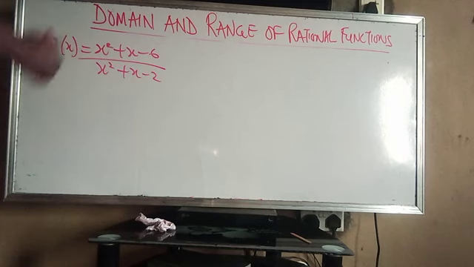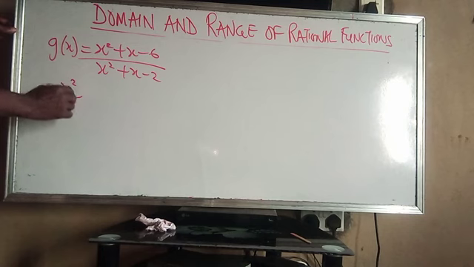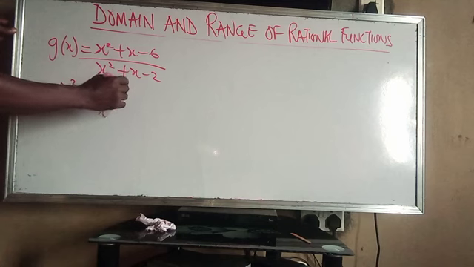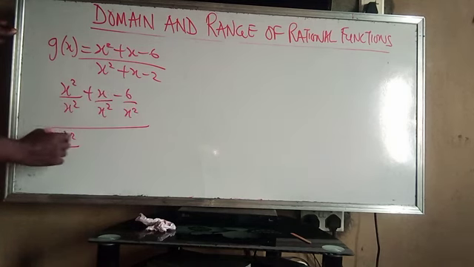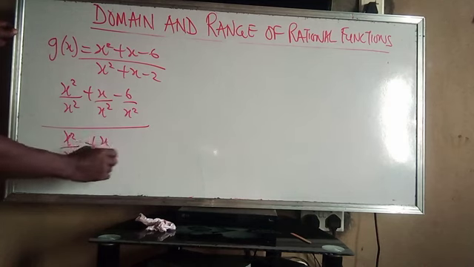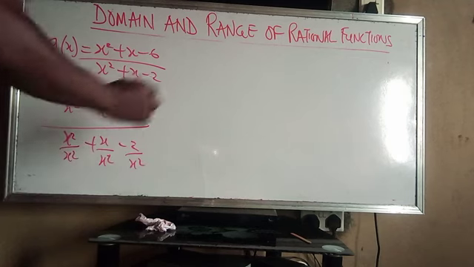Now, using the earlier procedure, we want to find the limit as x tends to infinity of this function. That's x squared all over x squared plus x all over x squared minus 6 all over x squared, everything all over x squared all over x squared plus x all over x squared minus 2 all over x squared.